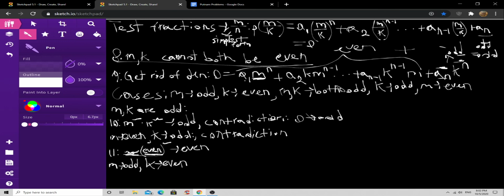So here, since we have an odd number of odd terms, we'll just write similar to last case, contradiction. So this is also a contradiction.